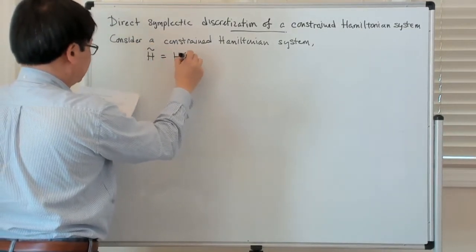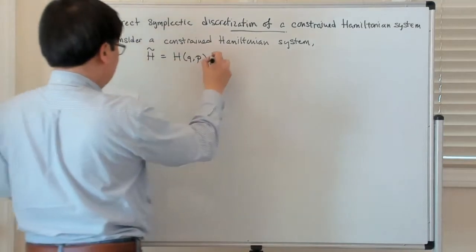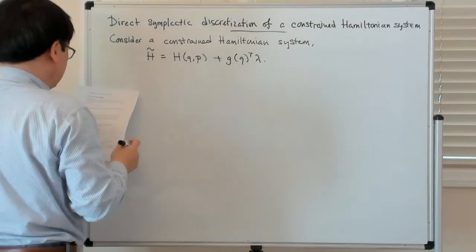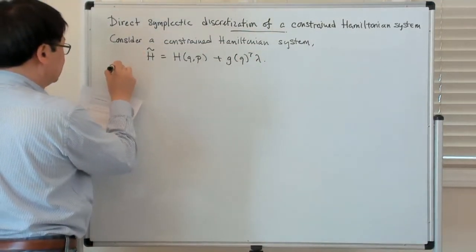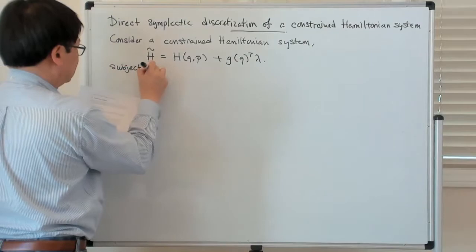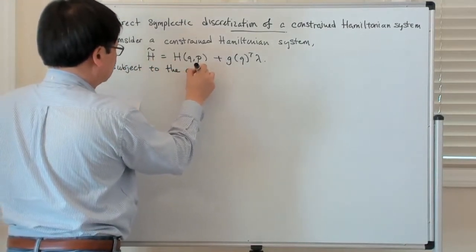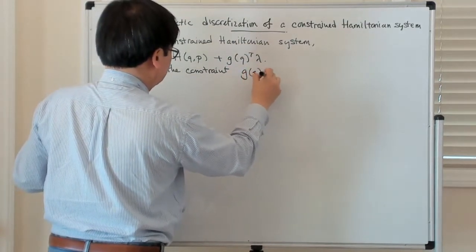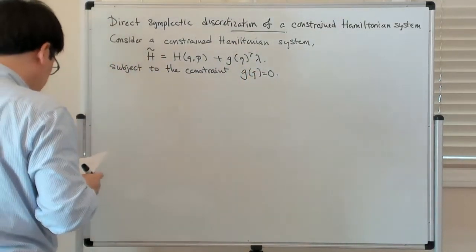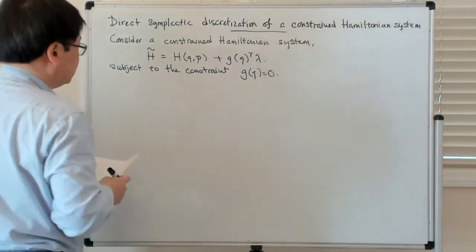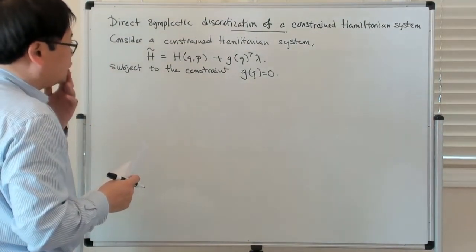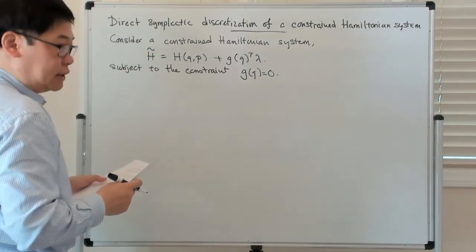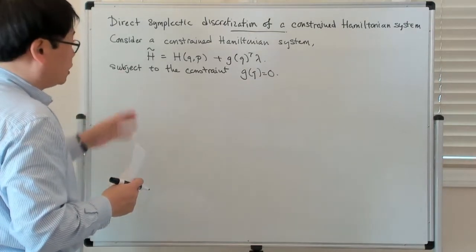And so this is just the unconstrained Hamiltonian plus a Lagrange multiplier term, subject to the constraint that G of Q is 0. Right? And so what we're going to do is assume that there is some second order symplectic symmetric integration scheme for the unconstrained problem.